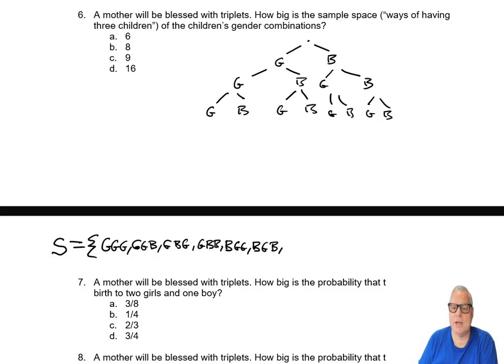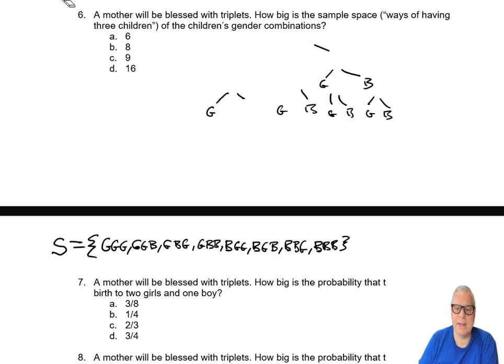And boy, boy, girl. And the last one is boy, boy, boy. So this is 1, 2, 3, 4, 5, 6, 7, 8. So that is the sample space.